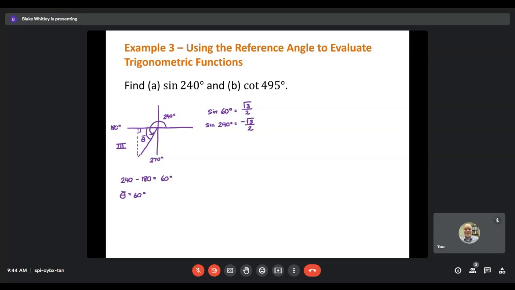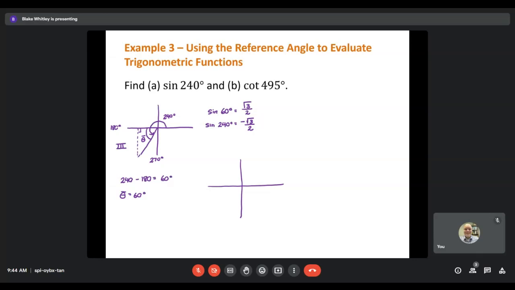All right, now part B, we want to find the cotangent of 495. So again, sketch your angle first. Now 495 is bigger than 360, so we know we're going more than a full revolution in this case.